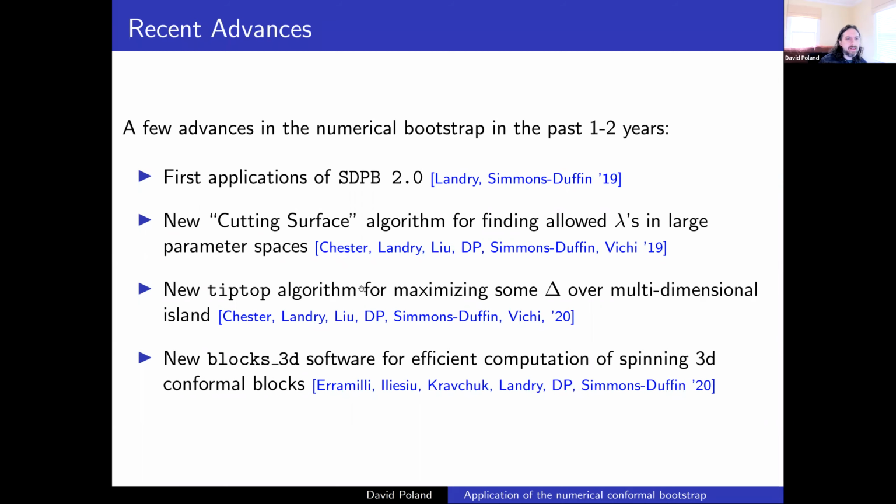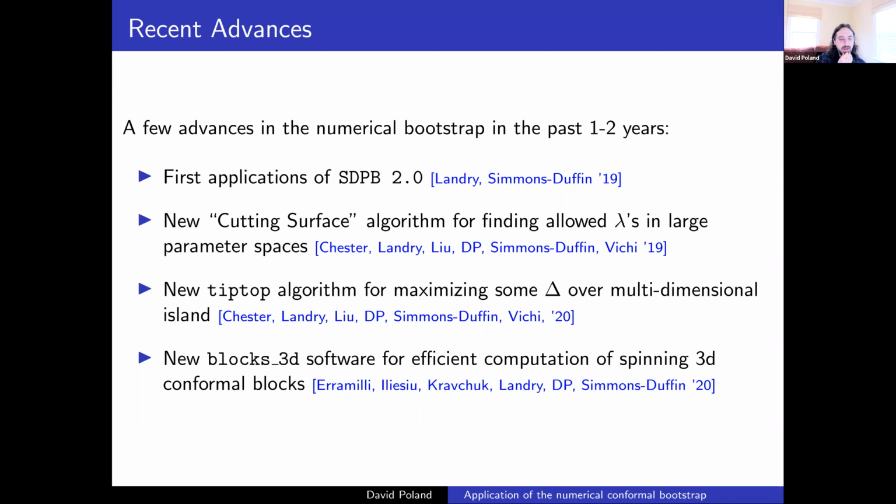Another advance is the introduction of what's called a cutting surface algorithm, which allows you to more efficiently map out the allowed region in large parameter spaces. In particular, it's useful for searching large spaces of OPE coefficients, like three-dimensional spaces of OPE coefficients, where you're trying to find some allowed point in this three-dimensional region.